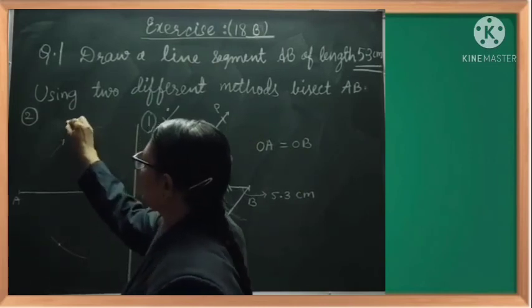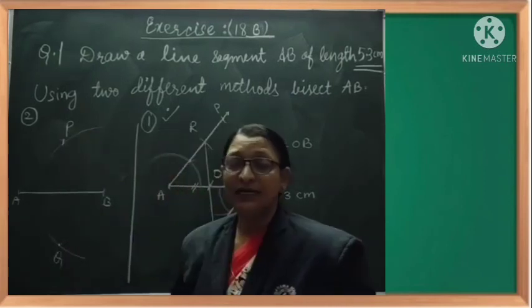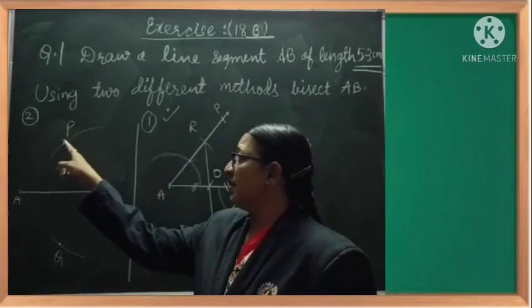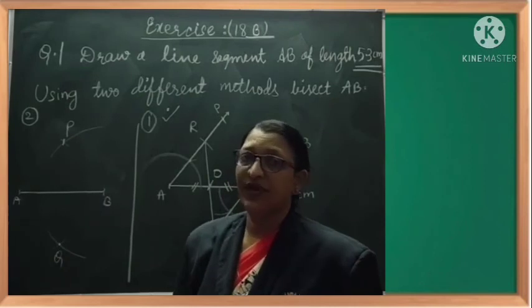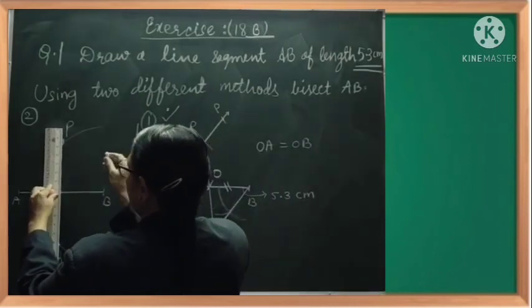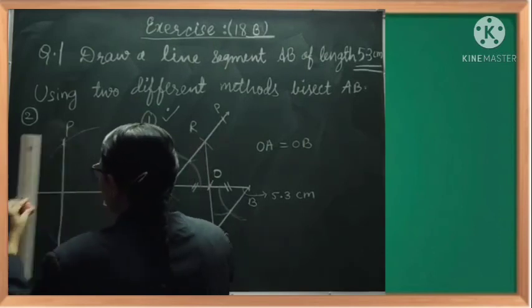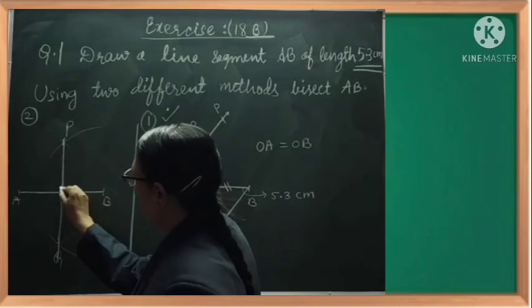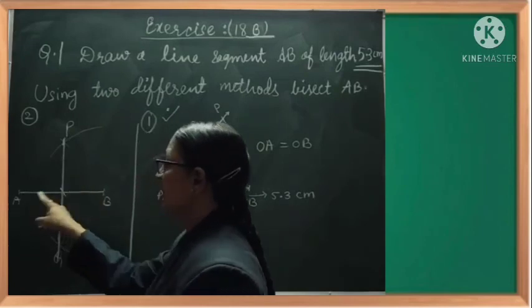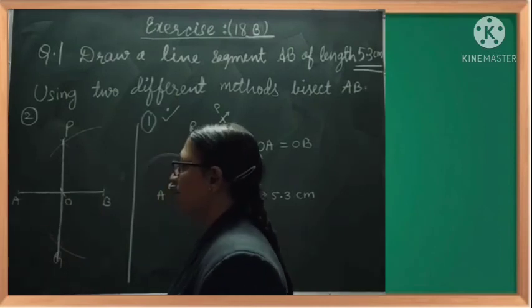We will name them as P and Q. Let us join the points P and Q with the help of a ruler. And the point which is intersecting the segment AB, we will name as O.